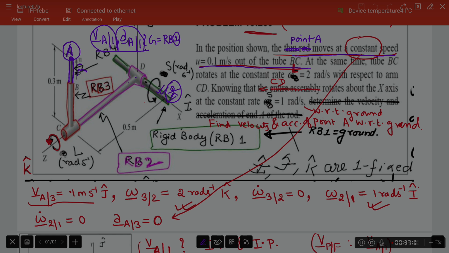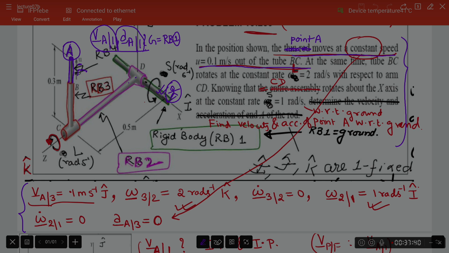Before we do that, let us first translate the given information in text into mathematical expressions. Those mathematical expressions will use our own notation, the notations that we have adopted in this course.